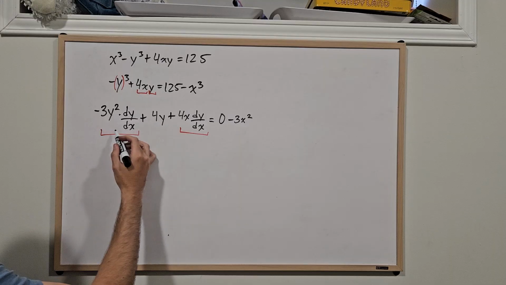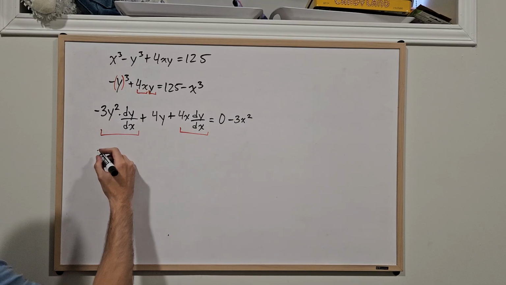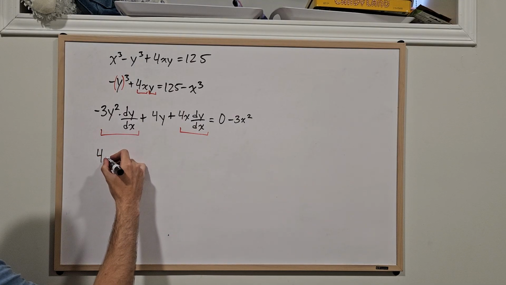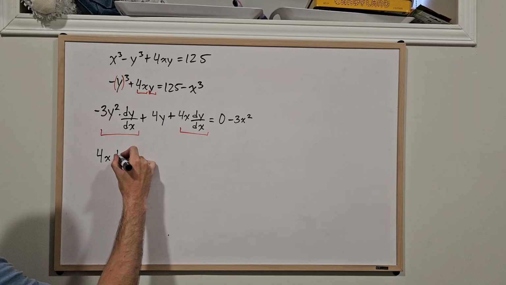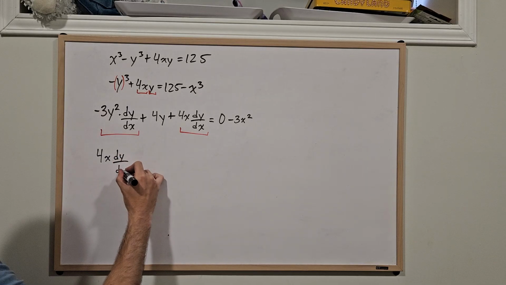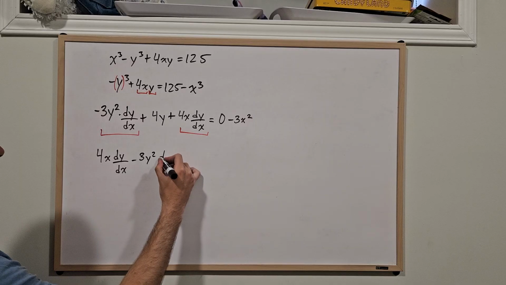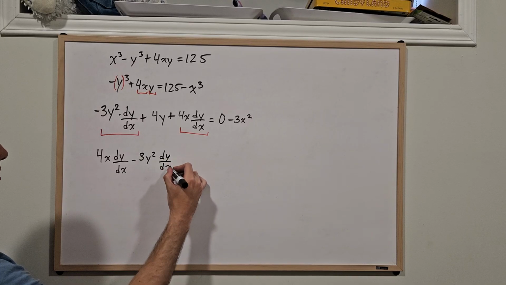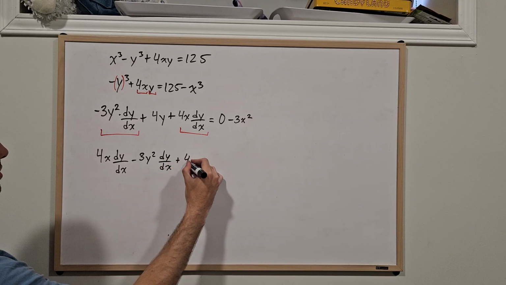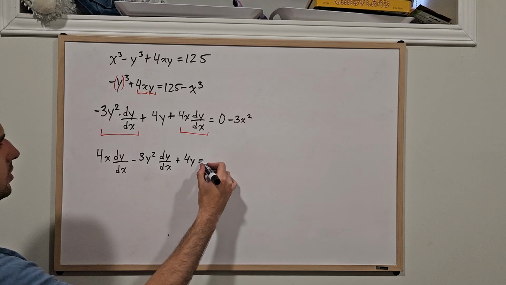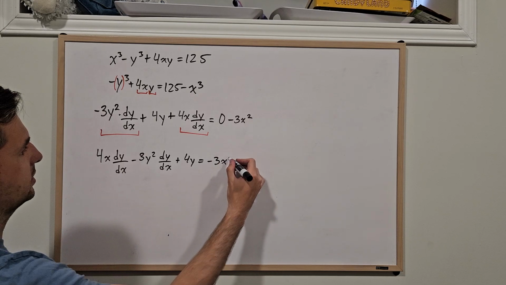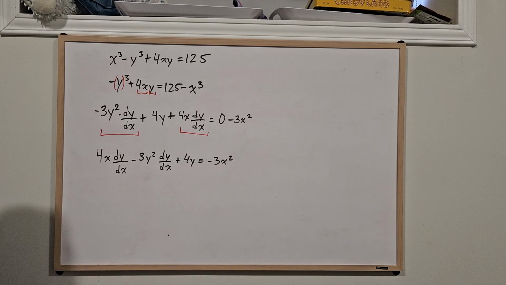So if I put these together, it's going to be 4x dy dx minus 3y squared dy dx, right? And here I still have the plus 4y is equal to negative 3x squared, right?